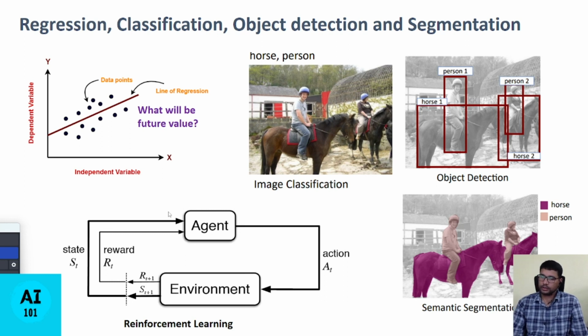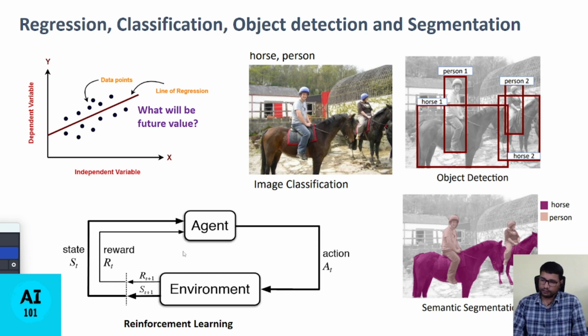Another problem is reinforcement learning. Here we are trying to train our agent. For example, a car is an AI agent. The car needs to identify road symbols, traffic symbols, and road objects, and for example, there could be another car, truck, or other vehicles, and pedestrians. The agent should identify these objects and needs to follow the traffic signals and lights.